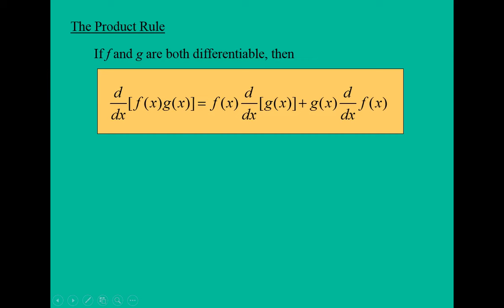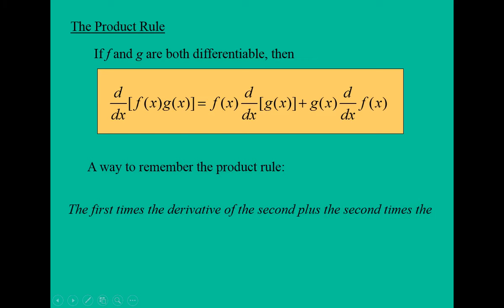So you'll hear some people say it the opposite way that I do, but that's fine. I like to say the first times the derivative of the second plus the second times the derivative of the first. Some people like to say the second times the derivative of the first, and so on. But realize it's okay because it's commutative. This is just what I say to remember the product rule.